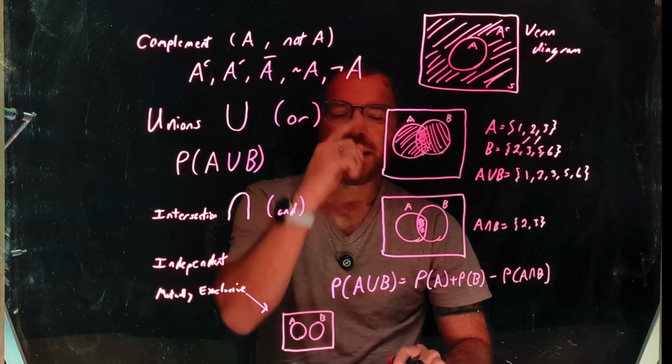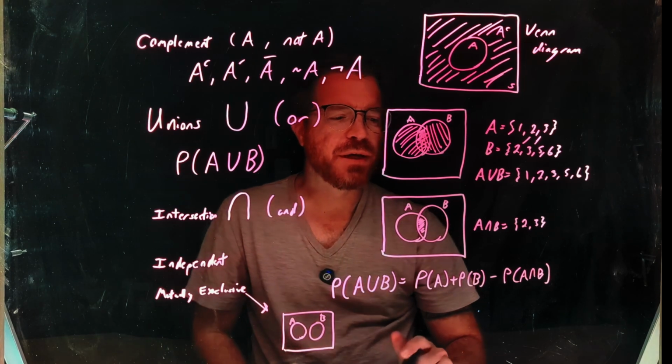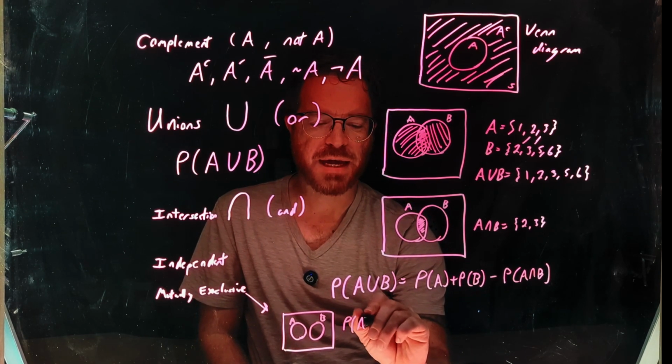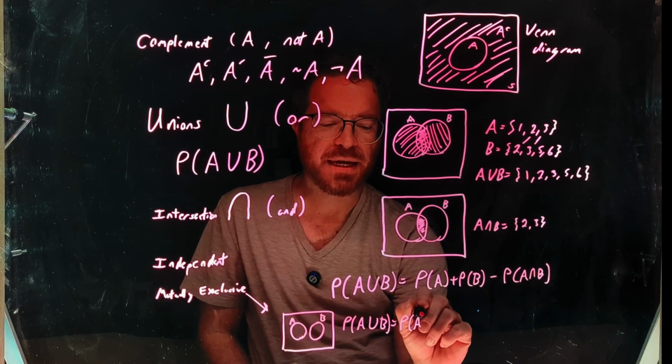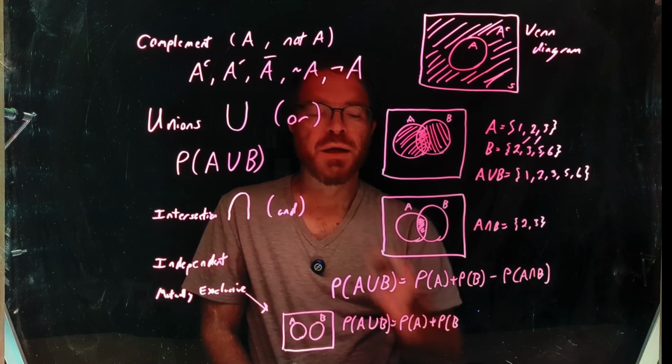So if I am looking at an OR statement and the events are mutually exclusive, it would just be probability of A or B equals the probability of A plus the probability of B.